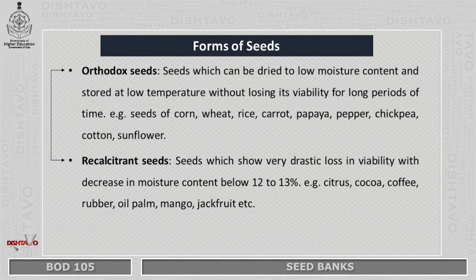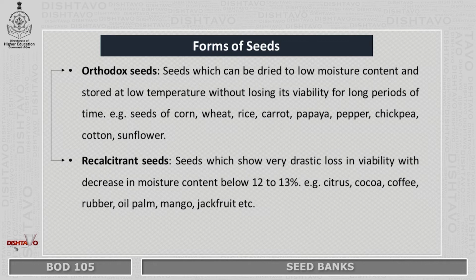Seeds are categorized into two different types, that is, orthodox seeds and recalcitrant seeds. Orthodox seeds are the seeds that can be dried to a low moisture content and stored at low temperatures without losing their viability for long periods of time.